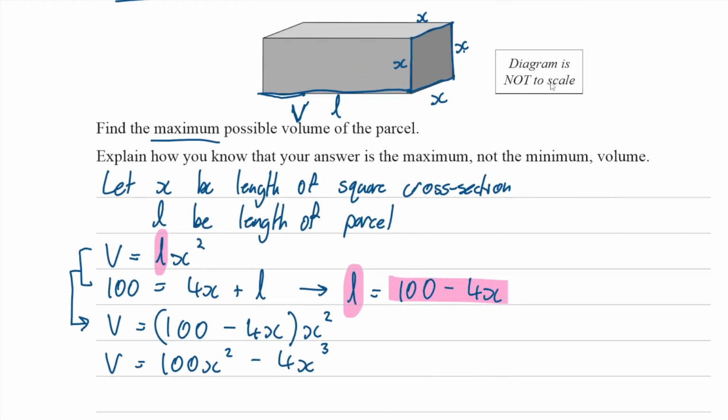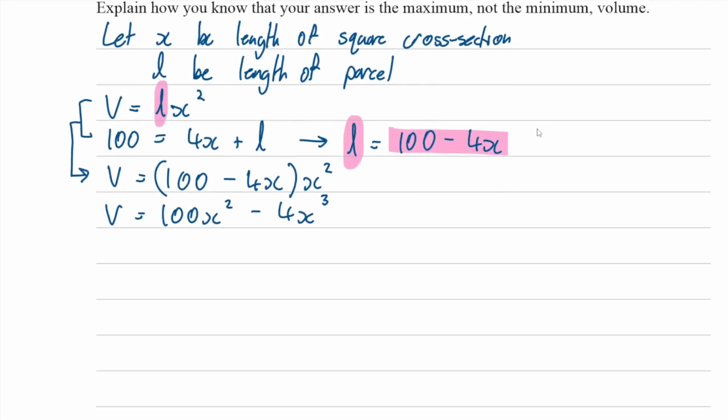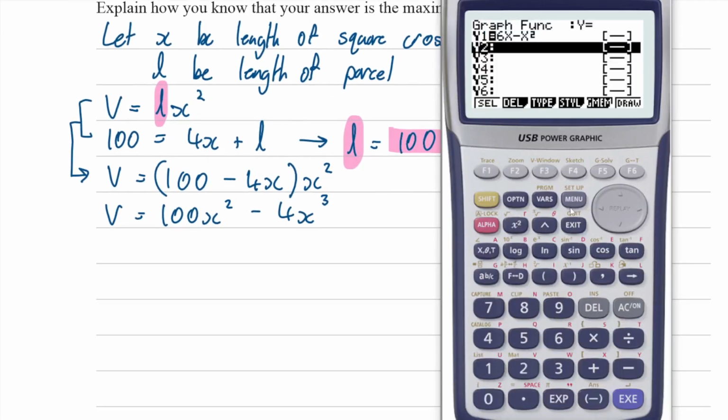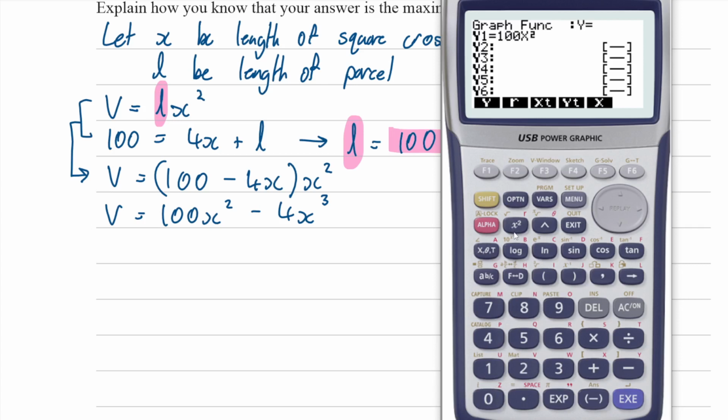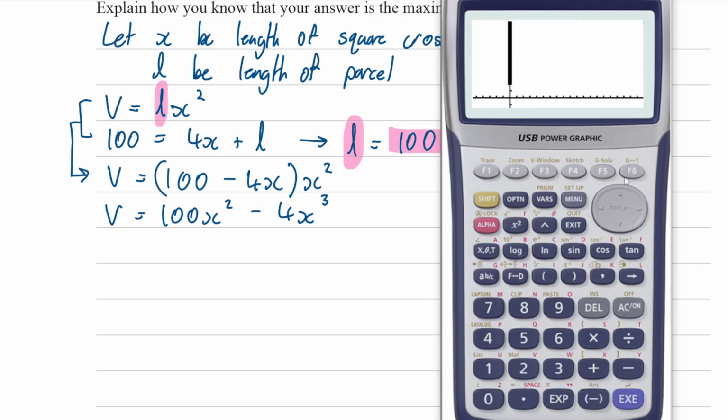Now, to find the maximum possible volume, the easiest way would be to graph it, which unfortunately isn't enough for a calculus paper, but let's do it anyway. Now, what are we seeing here? A thick black line. That tells me my window is quite out of whack.